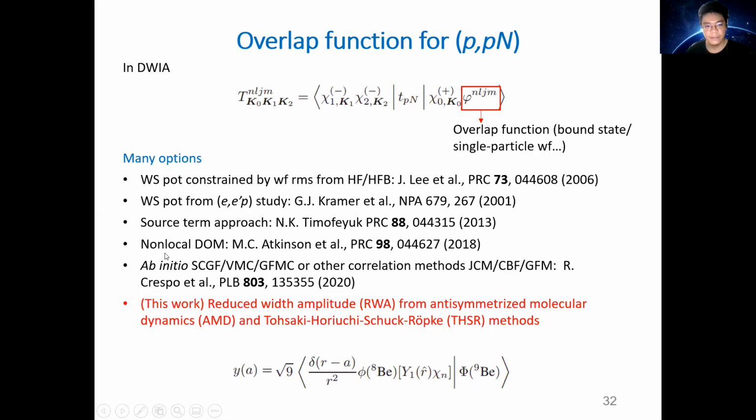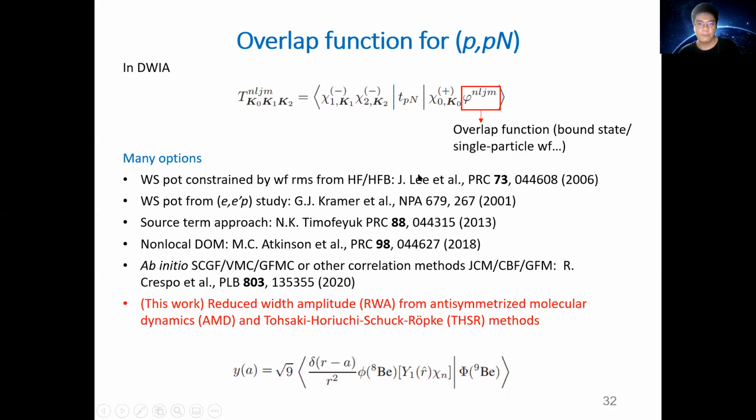More recently, we have the non-local dispersive optical models, or you can directly calculate them with an ab initio model, which has also been done a lot for neutron removal and transfer reactions, including some very recent work using DMC, for example. Or, to a lesser extent, the generator coordinate method. So in this work, we used what is called the reduced width amplitude.